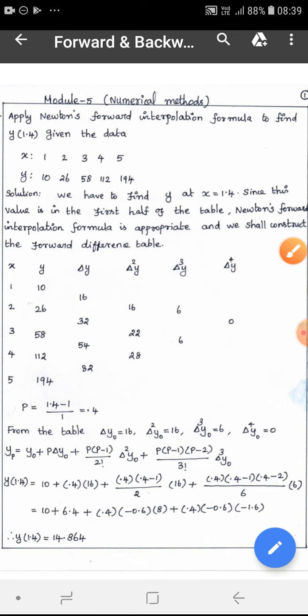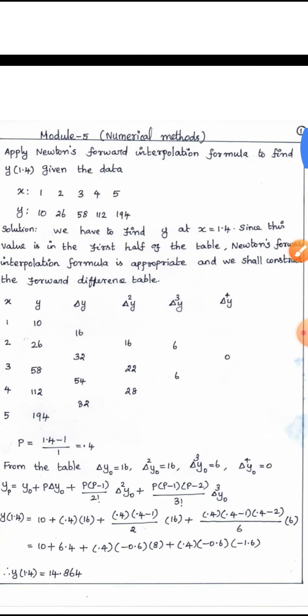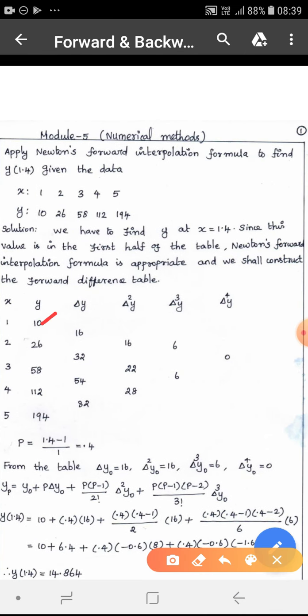So y naught is 10, delta y naught is 16, delta square y naught is 16, delta cube y naught is 6. Delta power 4 y naught is 0. Since it is 0, we need not use it in the formula.